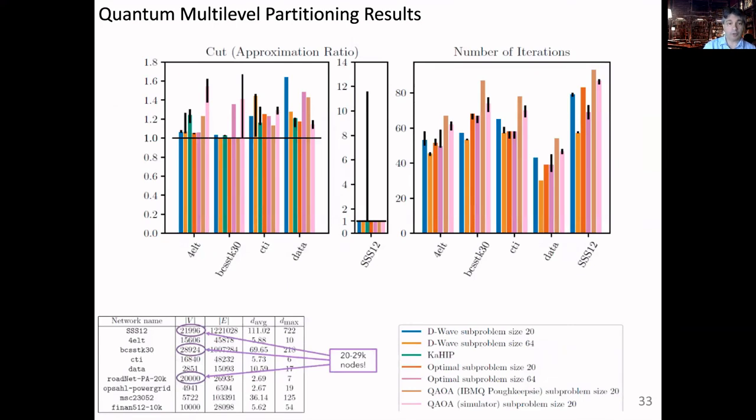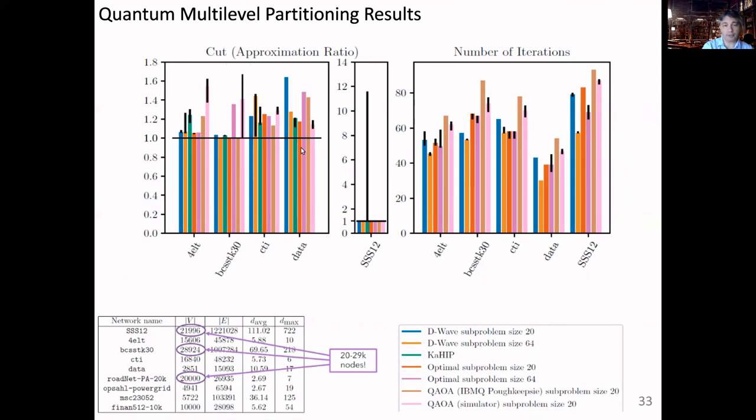Okay, what about graph partitioning? Graph partitioning is also not that far from the modularity optimization. So we use the same framework, but the objective was now to solve graph partitioning. The graphs are also relatively large, and we use the same setting of solving subproblems of size 20 and 64 on the D-Wave devices, and we experimented with only a subproblem of size 20 on QAOA, and you can see that we can reach, in many cases, quite good and acceptable solutions.